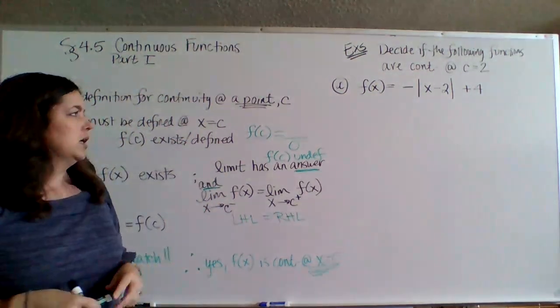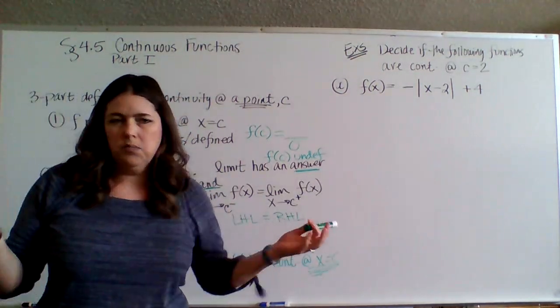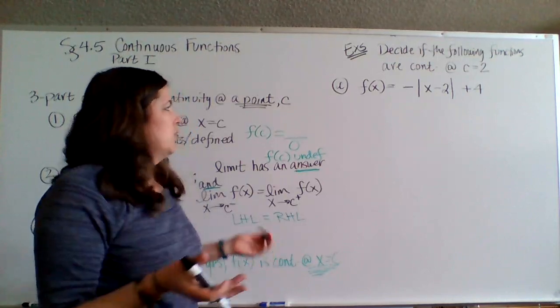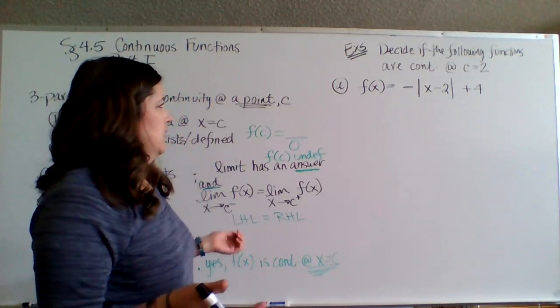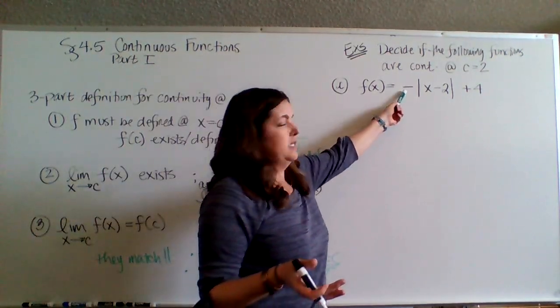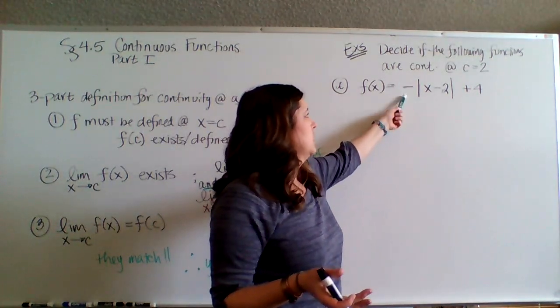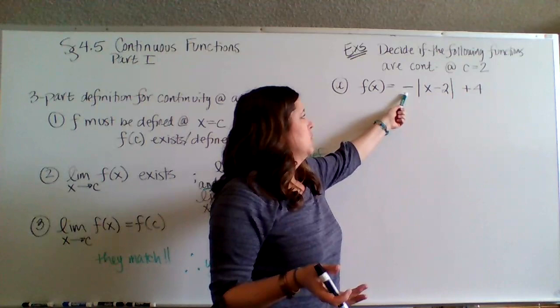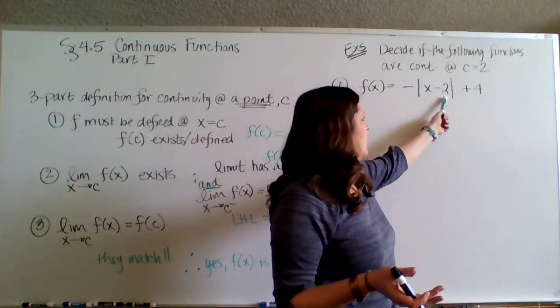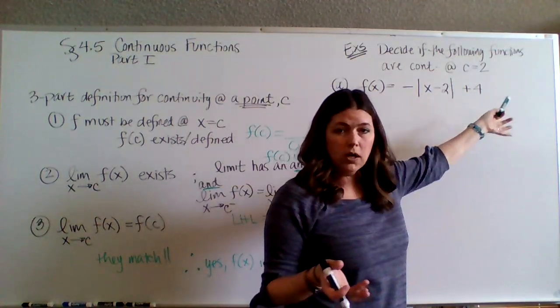So let's graph this. Not anything crazy, just a pretty typical transformation, right? We have absolute value. Oh yeah, that's going to be a V. Oh, our V is going to open upside down, and we have to do any reflections and stretches or shrinks before we shift. So our V is going to open upside down, but it's also going to be shifted right 2 and up 4?